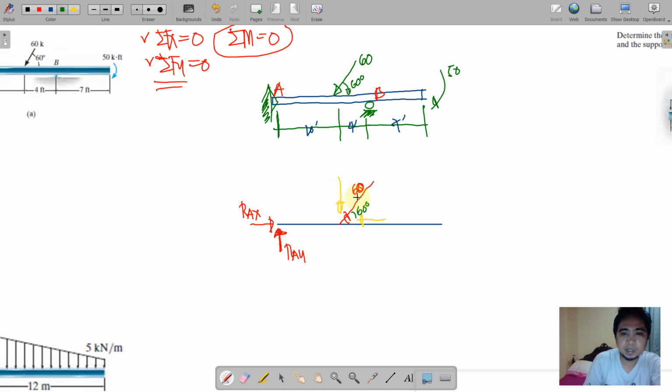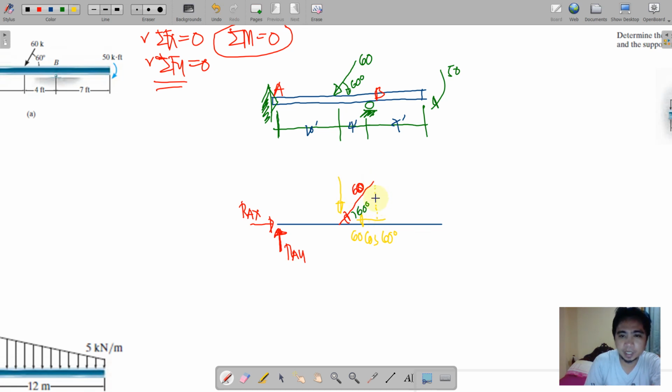And then just follow the arrowhead of your components. So ito pwede nating sabihin, since ito is adjacent to 60, this is what function? 60 cosine of 60. Okay? And then this force is being projected here on the other side. As we can see, na itong force na to, parehas lang dito yan.